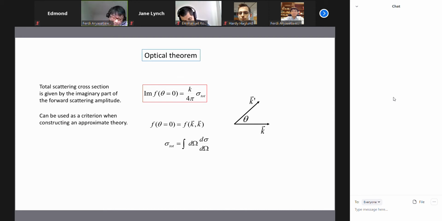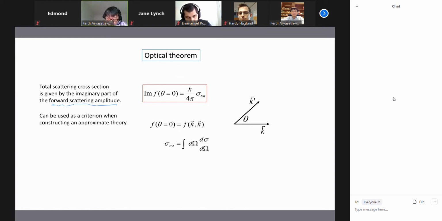So in the case of the scattering theory, one can show that the imaginary part of the forward scattering amplitude, so forward scattering amplitude here means theta is equal to 0, so both k and k prime are along the same direction, is given by the total differential cross section.